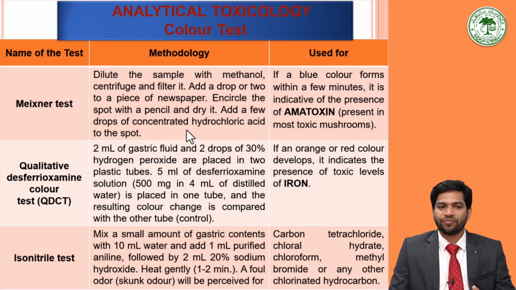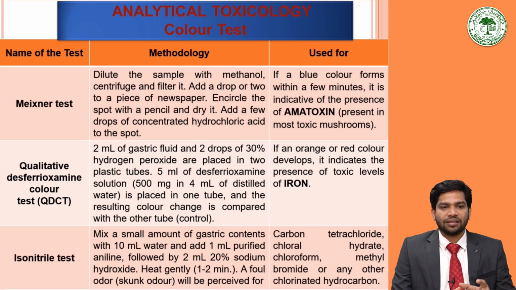Add a few drops of concentrated HCl to the spot. If blue color forms within a few minutes, it is indicative of presence of amatoxin that is present in most toxic mushrooms.